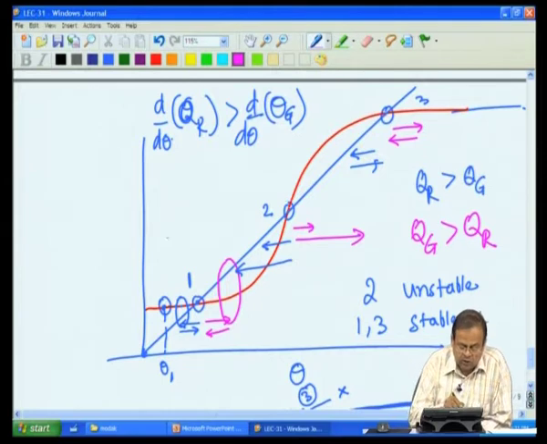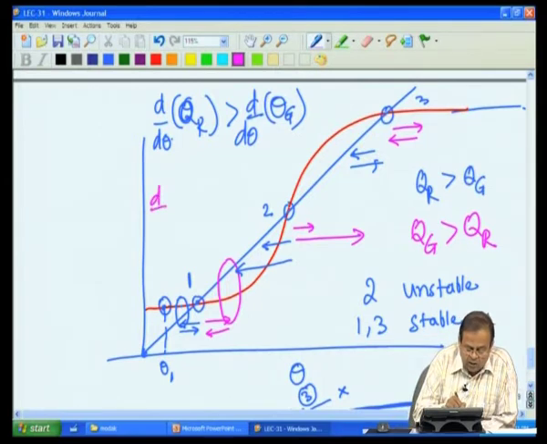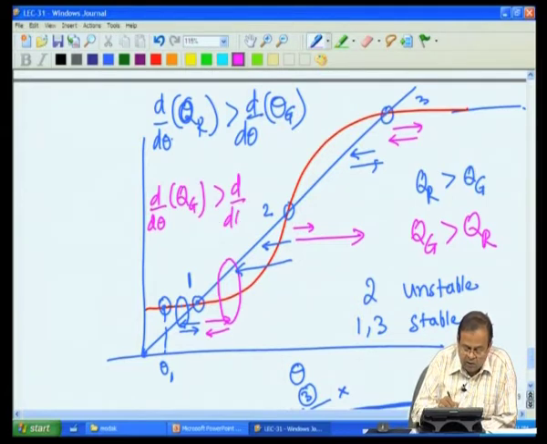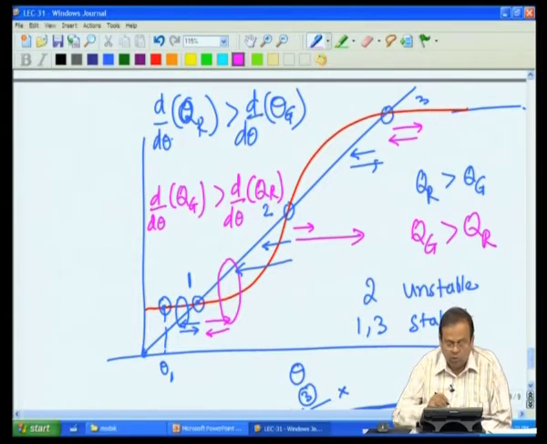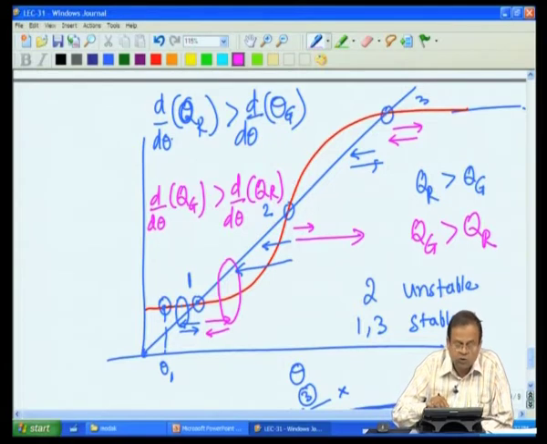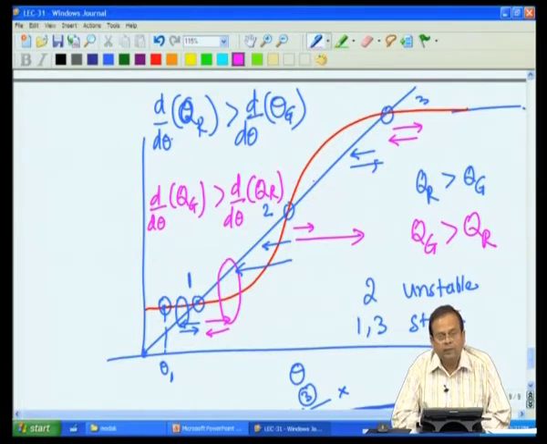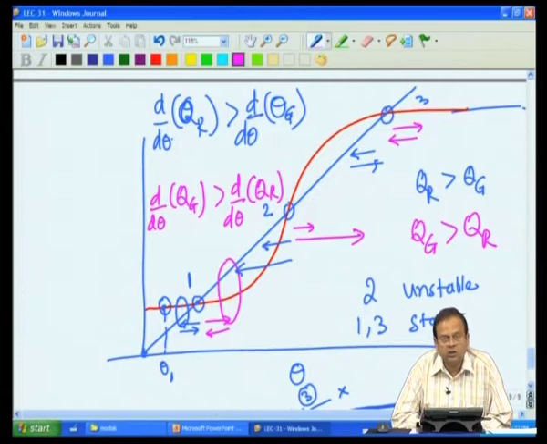At this condition, d QG by d theta is higher than d QR by d theta, because the slope of this red line is higher than the slope of this blue line, the red line being the generation line and the blue line being the removal line.